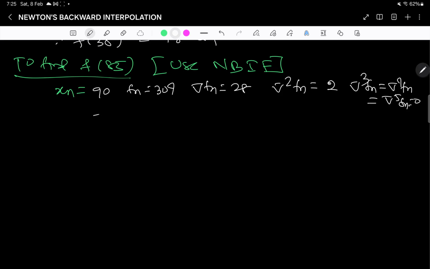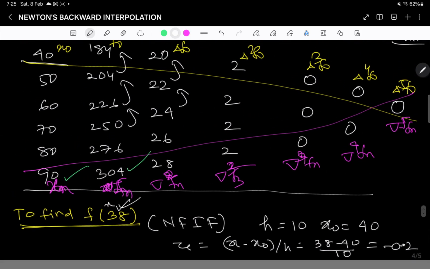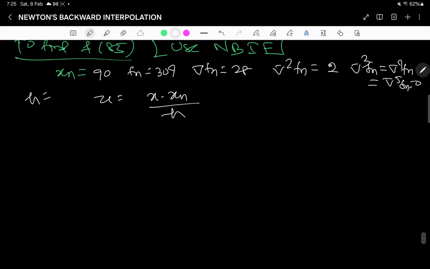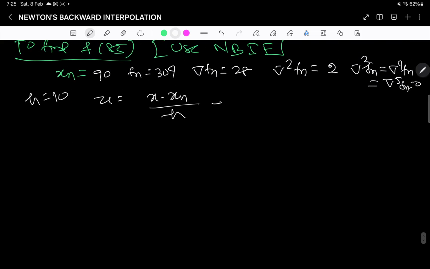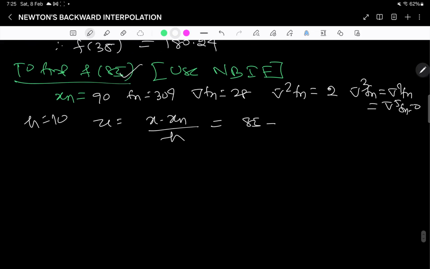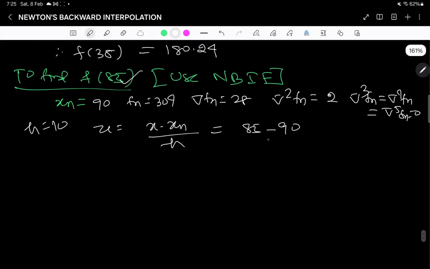So now what is my u? u is equal to x minus xn by h. h is my 10. So my u is equal to x is 85 minus 90 divided by 10. So it is minus 0.5.